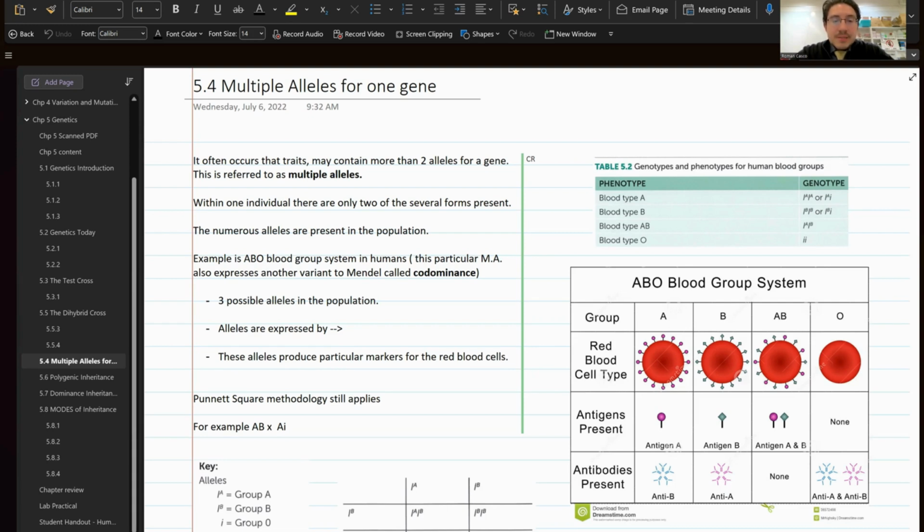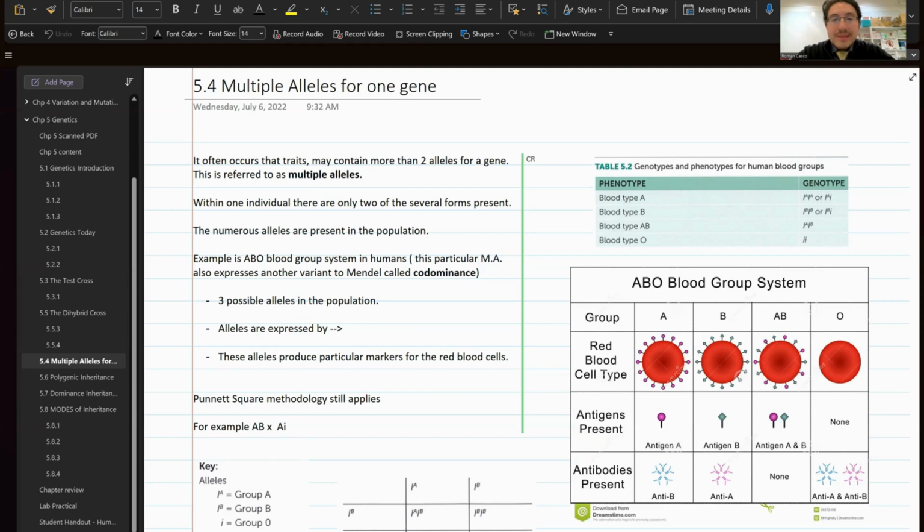Like I was mentioning before, the ABO blood group system in humans also shares a characteristic of another variant of Mendelian genetics, which is codominance, and I'll get into that later in the video.